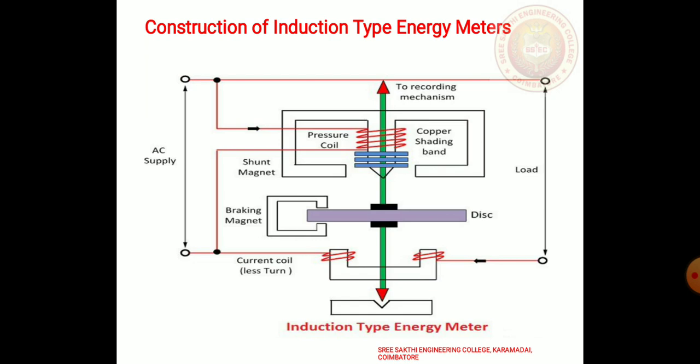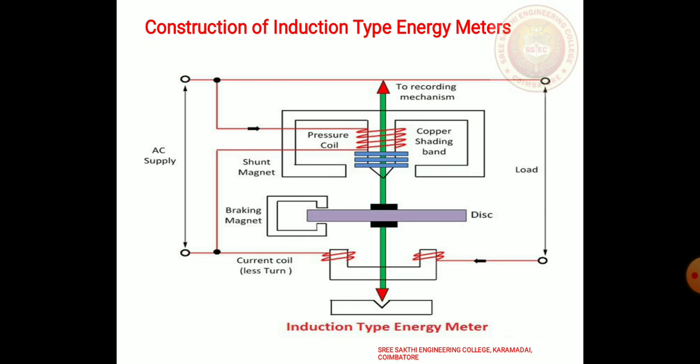The series magnet consists of a number of U-shaped laminations of silicon steel put together to form a core. A coil of thick wire having a few turns is wound on both legs of the U-shaped magnet. The coil is called the current coil, which is connected in series with the load. The magnetic field is proportional to and in phase with the line current.